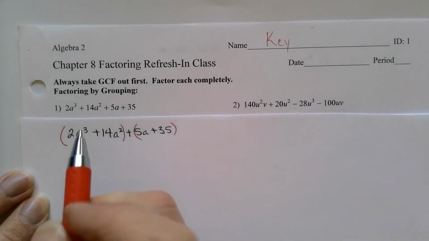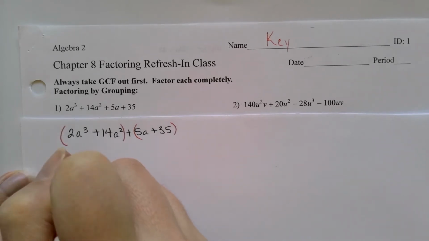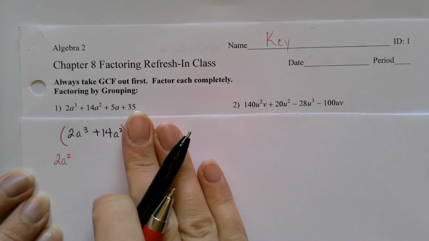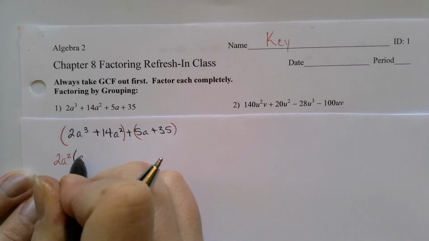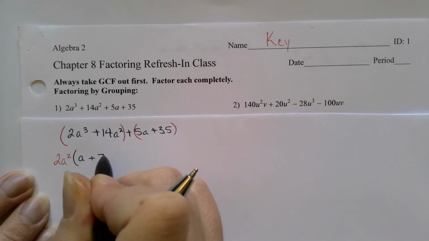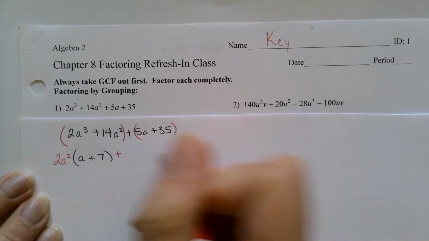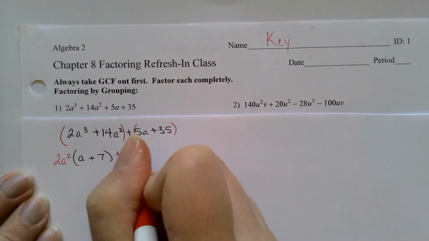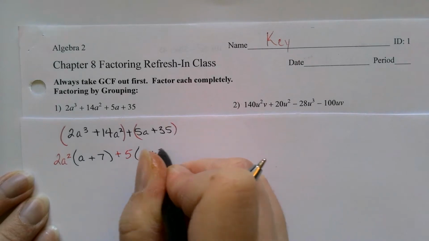I'm going to look at the first set and see what they have in common. They both have a 2a squared that I can pull out, just like a GCF. I'm ignoring this part and just taking this out. What's left once I take that out is a plus 7. Now, when I look at the next set, I bring my plus sign down. The GCF of these two is 5. And when I take out the GCF of 5, what's left is a plus 7.